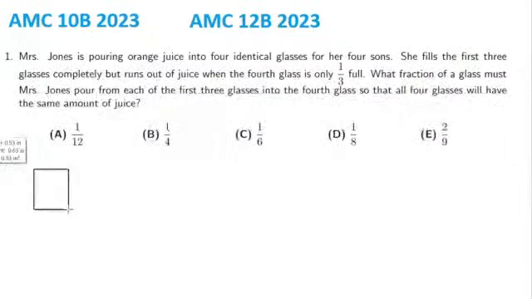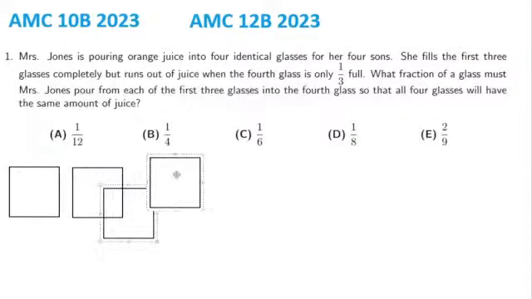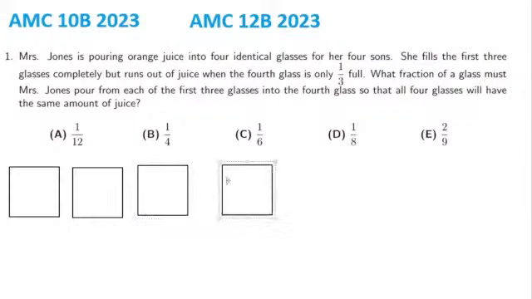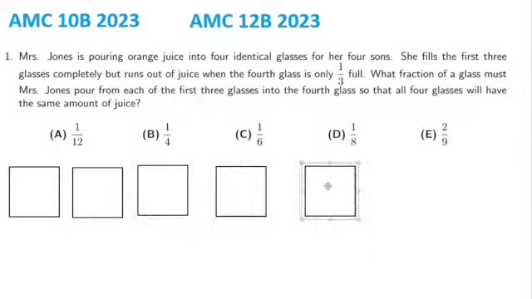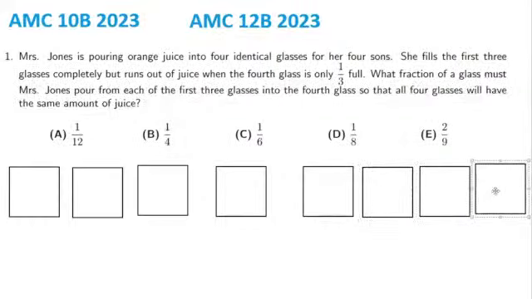Okay, so let's consider the first one is this, 1, 2, 3, 4, and the last part 1, 2, 3, and 4.